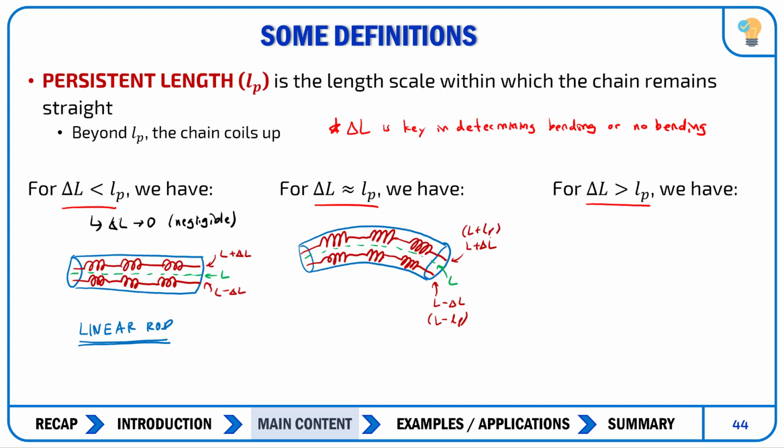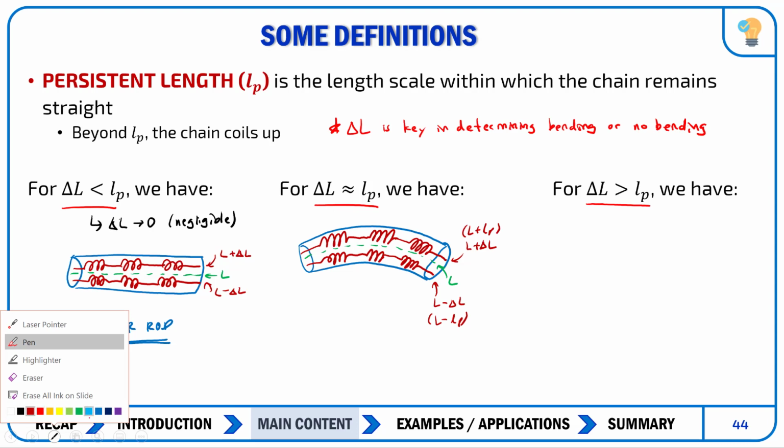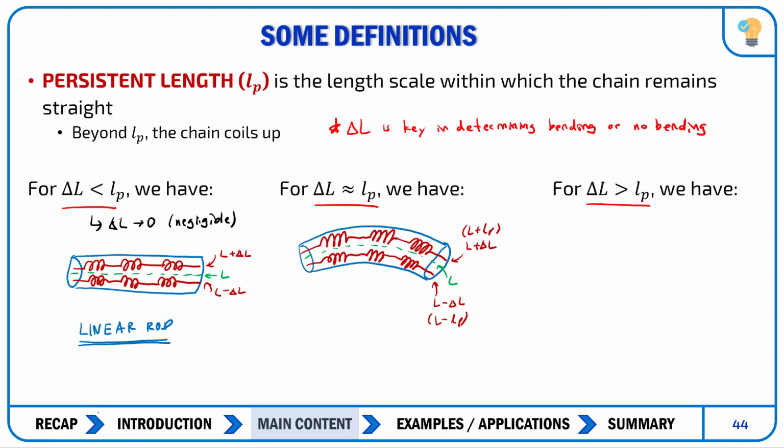So what this is saying is that we now have something that's really close to bending, but not bending. So it's going to be considered just bending.